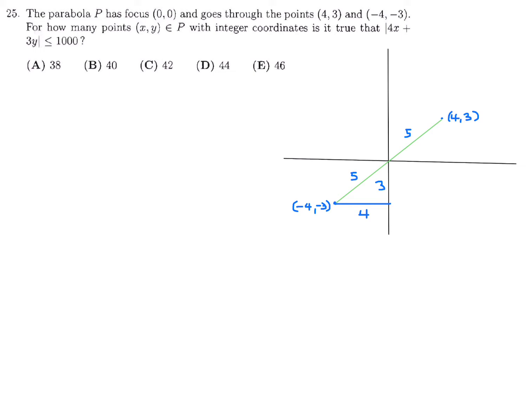Now what I have to do is draw this parabola. The focus is right here at (0, 0), obviously the origin. I'll put a little F for focus there. And we've got to draw a directrix. The directrix depends on how the parabola opens. Does it open like this or like that?